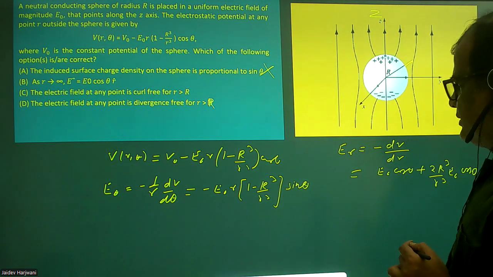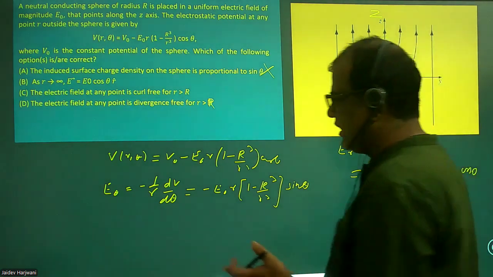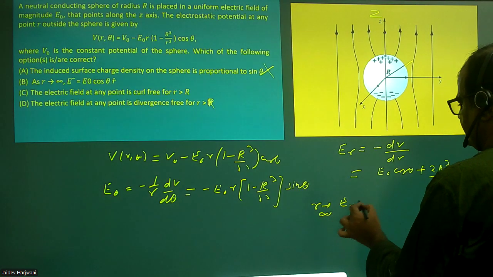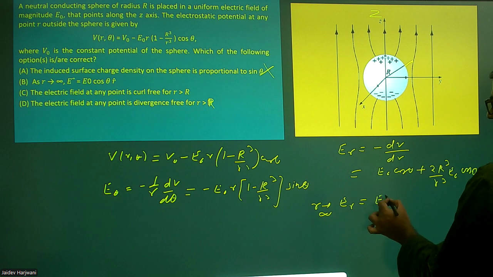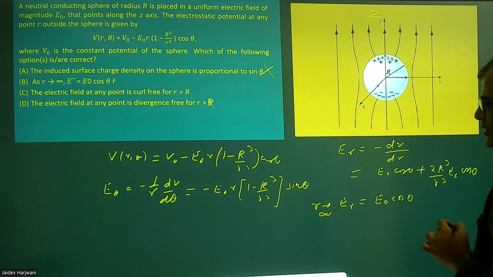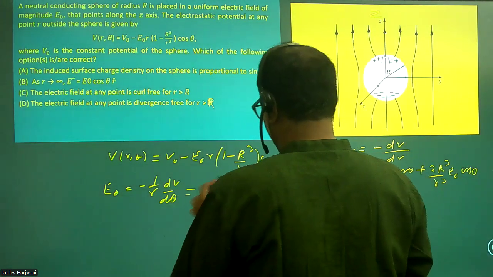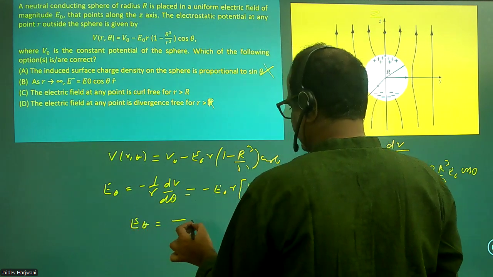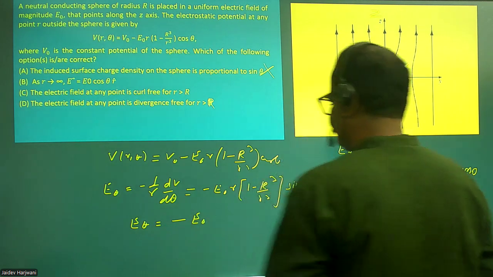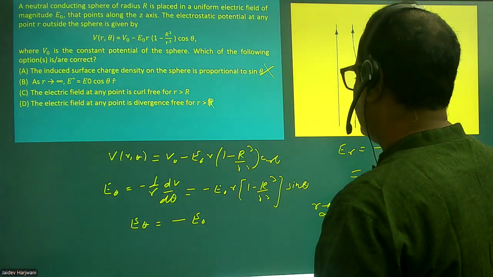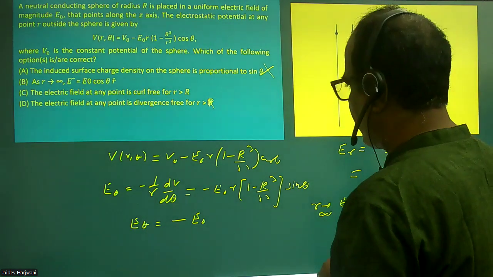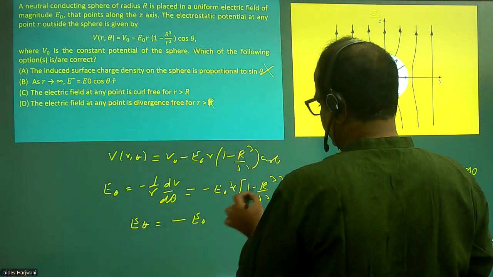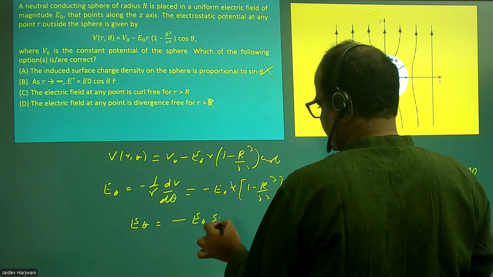Now I have to check this expression at infinity. If I take r tends to infinity, E r will be only E naught cos theta, as this term becomes 0. Similarly for E theta, this term will be 0, and the r and 1 by r cancel, so you have only minus E naught sin theta.